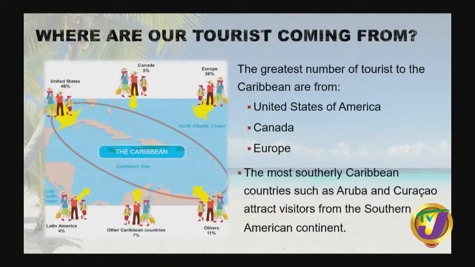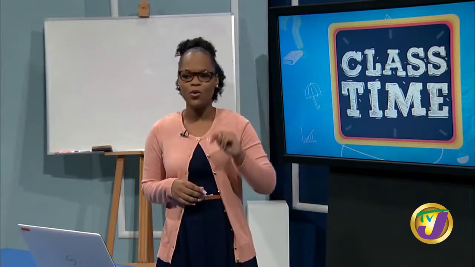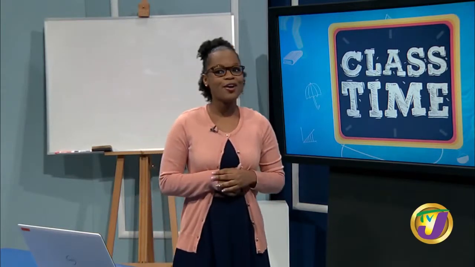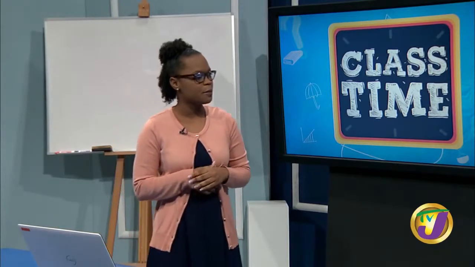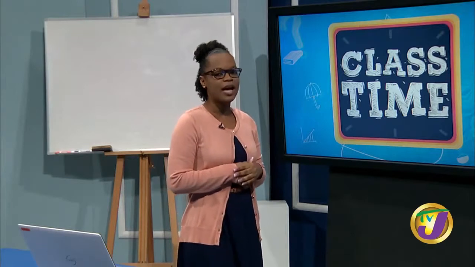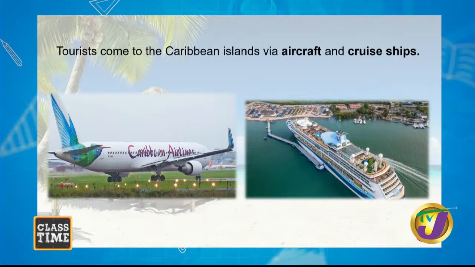How do they get here? Tourists come into the Caribbean region by two main modes. They travel by aircraft or they will travel by cruise ships. Now, these aircraft and cruise ships that are coming in, they stop at ports. So, of course, we have ports in the main resort towns to include Montego Bay, Falmouth in Trelawny, Ocho Rios in St. Ann, and Port Royal in Kingston as well.